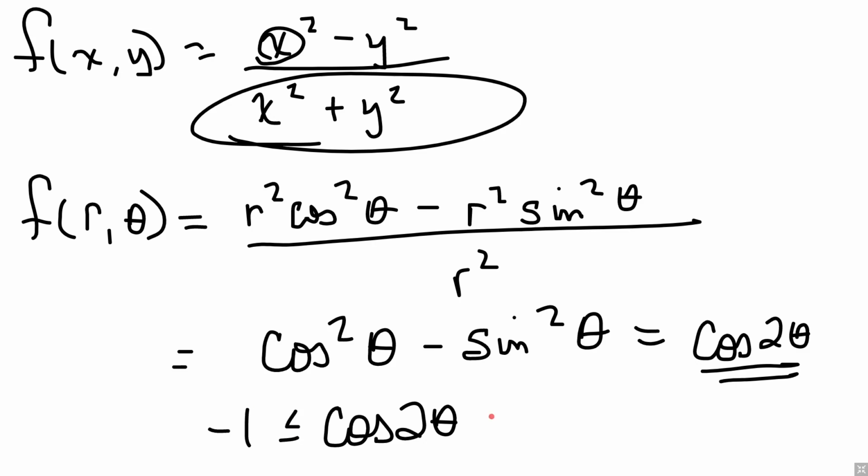So when we do the limit of this as it approaches 0, 0, if we choose two different paths, we're going to get an answer somewhere between -1 and 1. It's never just -1, it's never just 1.